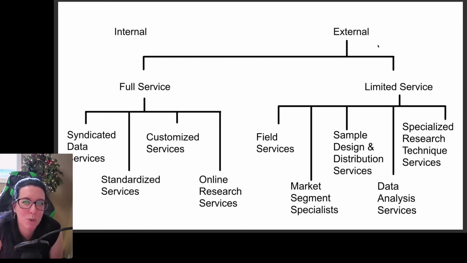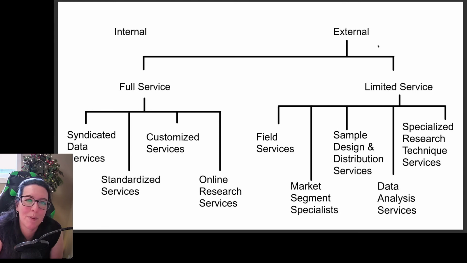So in fact, you can hire companies to do all of the marketing research for you, or you can hire companies to do just one particular aspect. So for example, you could design a survey and hire a company to call people and conduct that survey. You could analyze the data from that survey, or you could hire a company to analyze that information.